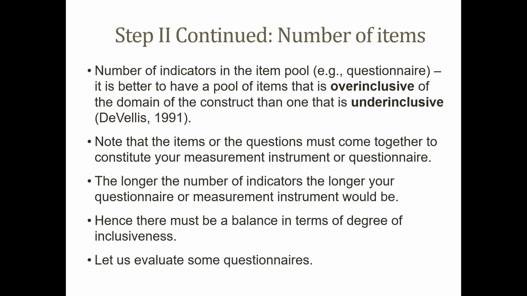If you want to use only one indicator to measure physical beauty, you will get it wrong. Let's try a scenario. A friend has engaged you to look for a beautiful lady for him to spend the rest of his life with.